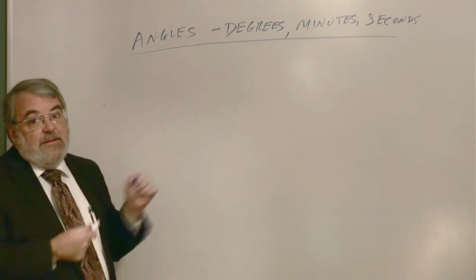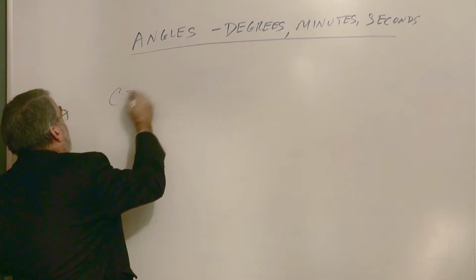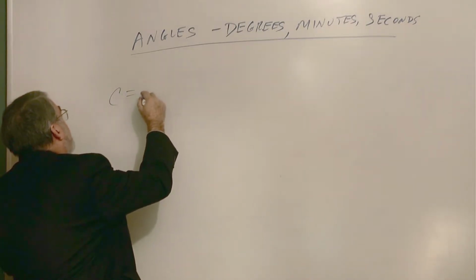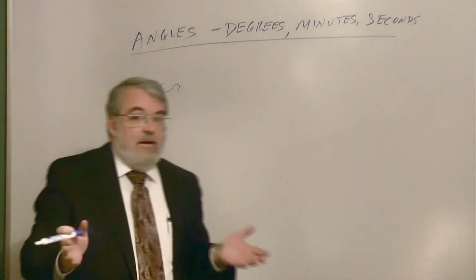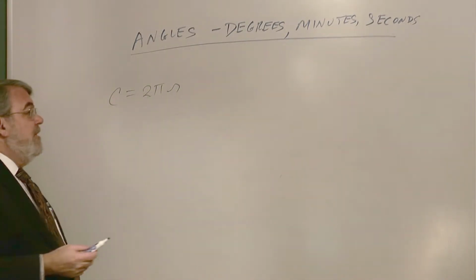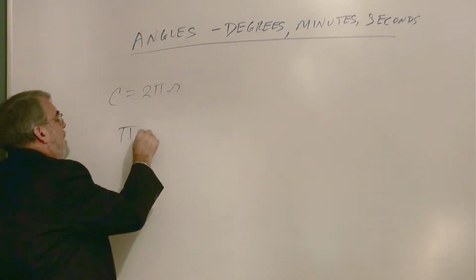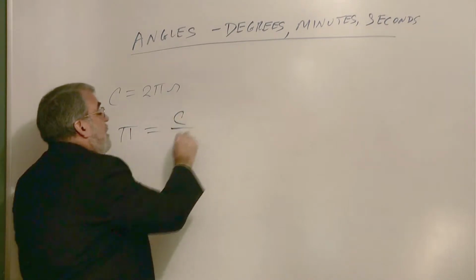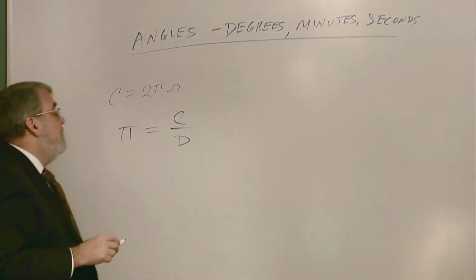And the first thing we need is circumference. What is circumference? And probably many of you know that circumference is 2 pi times the radius. All right. Now where does that come from? I think you got to know where that comes from. And it's not a mathematical theorem. It's by definition of what pi is. The number pi is by definition the ratio of circumference to diameter.